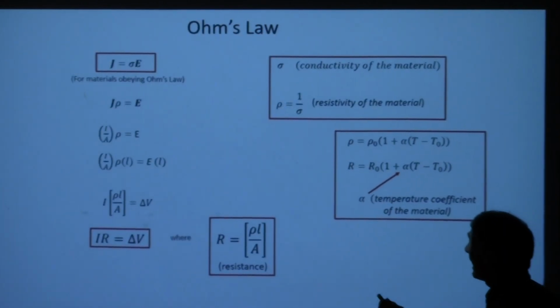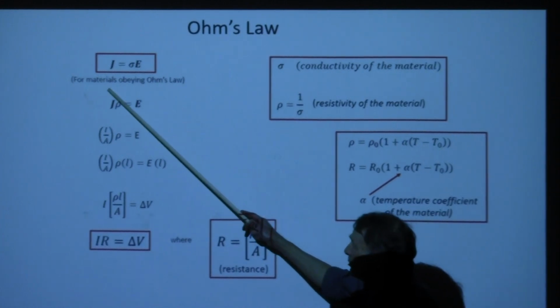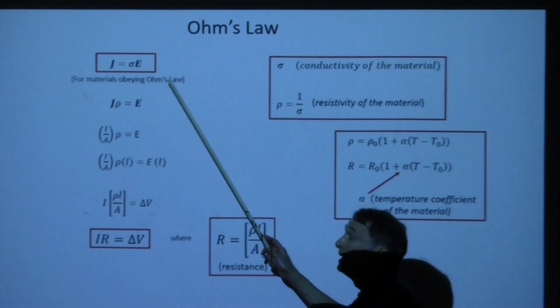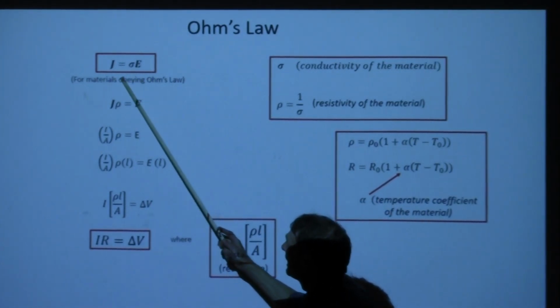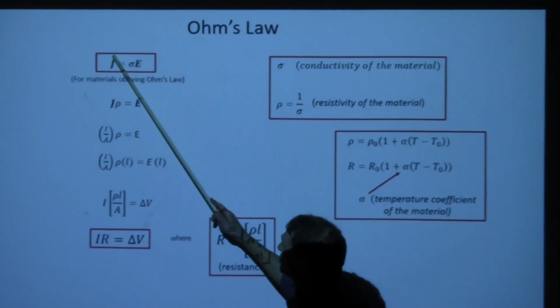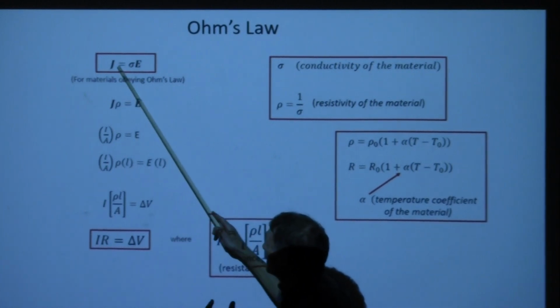Okay, the classic one is Ohm's law. The idea that for most materials, I'm not even sure I should say most materials, many metals obey what we call Ohm's law. That is, when we place an electric field on them, we generate a current density coming across it.